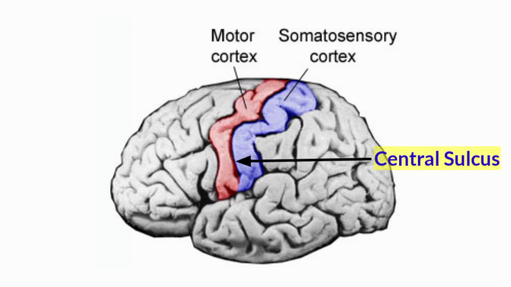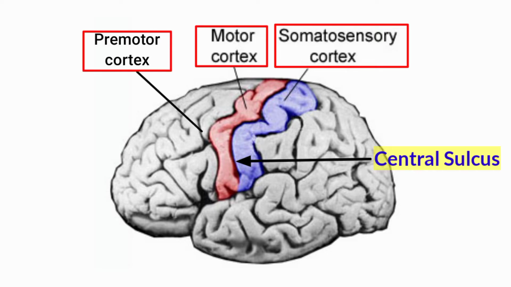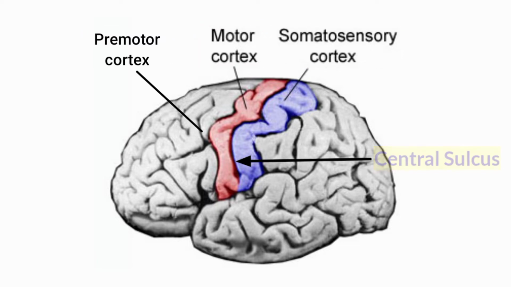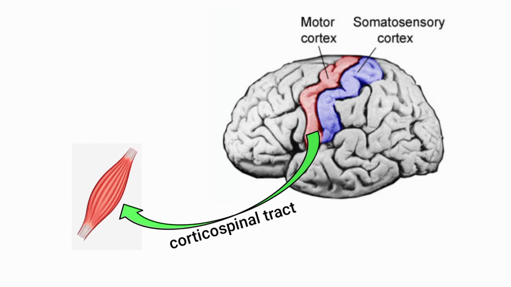If we look at the central sulcus, behind the central sulcus we have the somatosensory cortex, and anterior to it we have the motor cortex and the premotor cortex. These structures decide our voluntary motor movements. They send information down to the muscles via the upper and lower motor neurons and cause the muscle to contract and relax. So this is called the corticospinal tract.